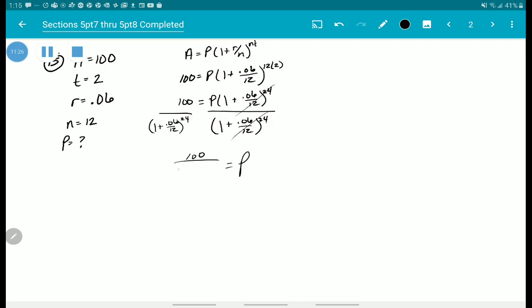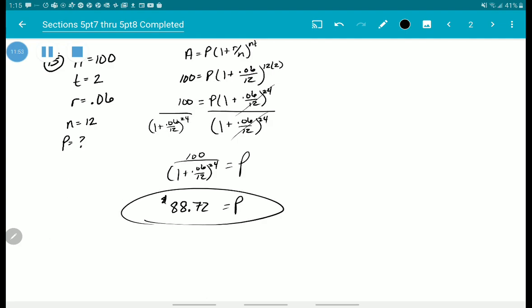So here's our exact value. Be careful when you type it in. If I round to the nearest cent, I got 88.72. So what that means is we would need to invest $88.72 now so that we would have $100 in this account after 2 years.